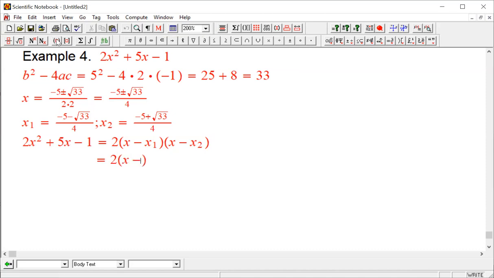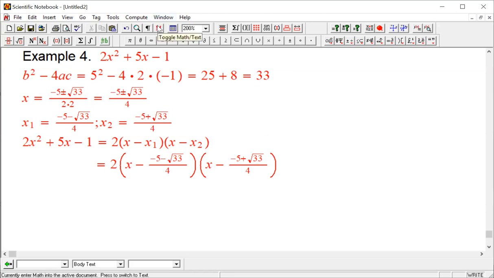Now x minus x1. So here's my x1. And the other factor is x minus x2. This is my x2. Just put it there. Then we're going to organize our terms. 2 is outside. In the first parentheses, we apply the negative sign to the fraction, so we have x minus negative 5/4.